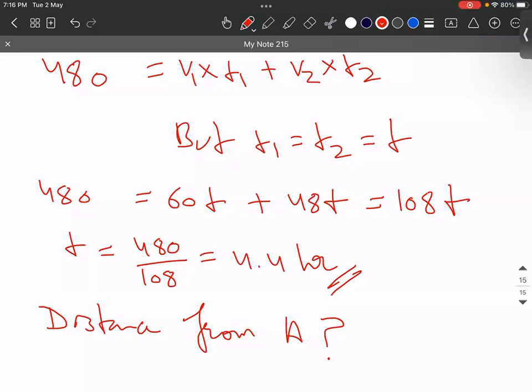From here it was first 26. It will be 266, 26 point something.